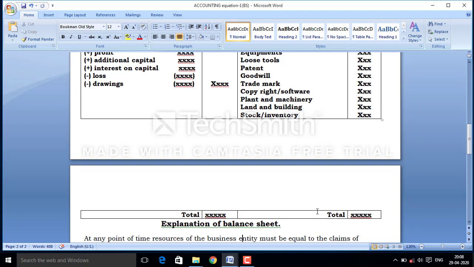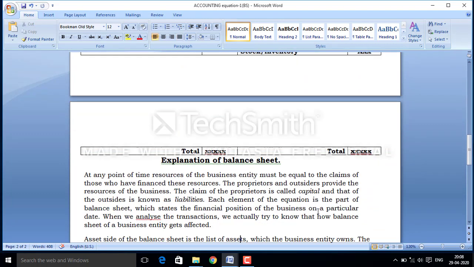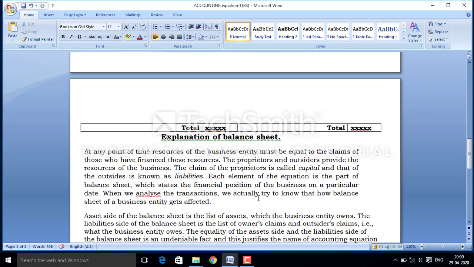So while preparing the accounting equation, we must keep in view that the effect of the transaction must be shown properly, so that the totals of both sides are equal. There should not be a difference of rupees 1 or more.